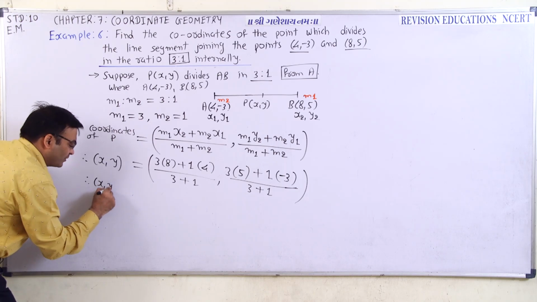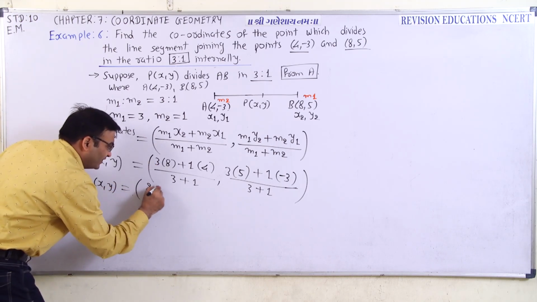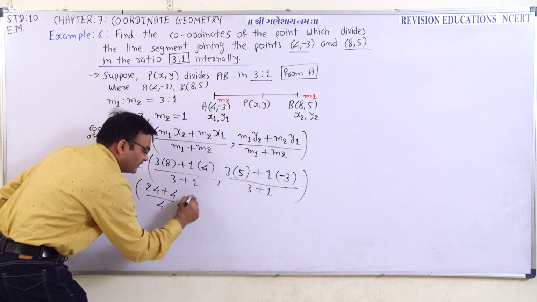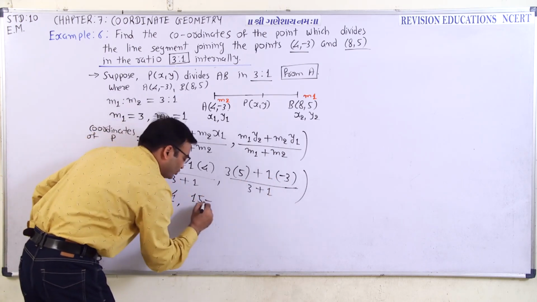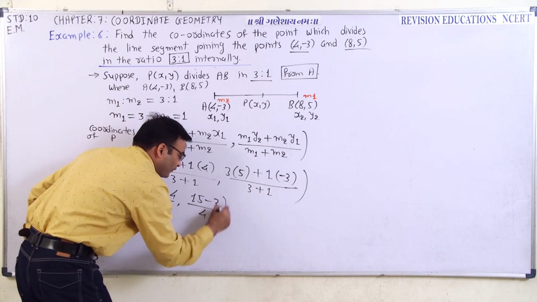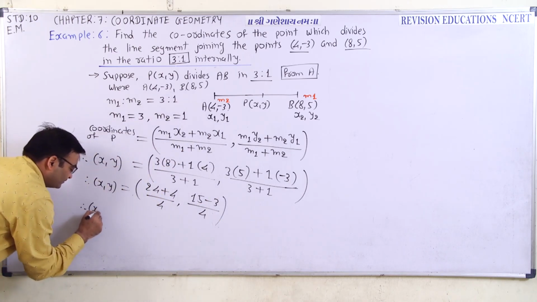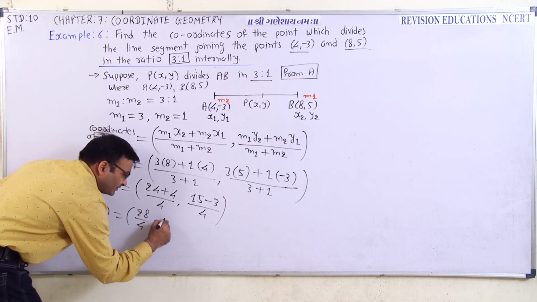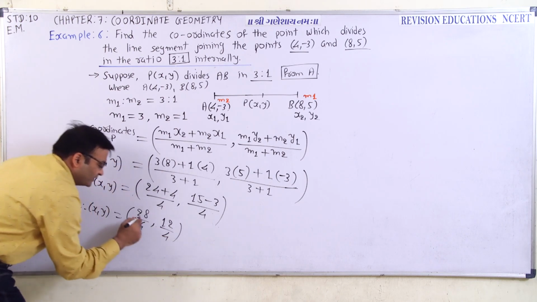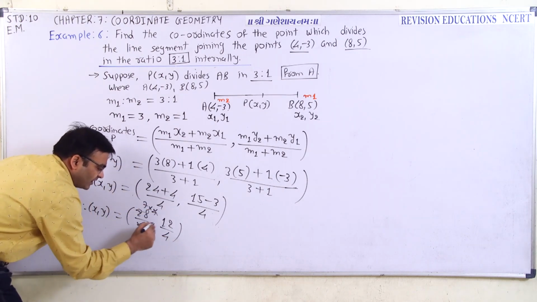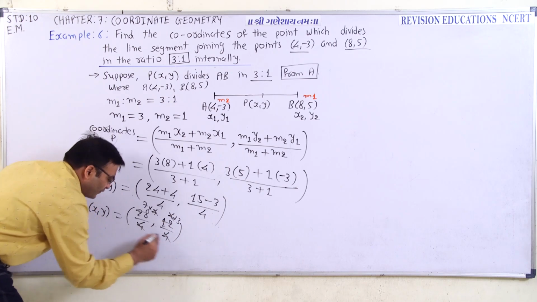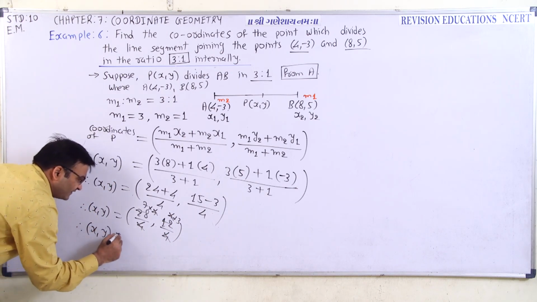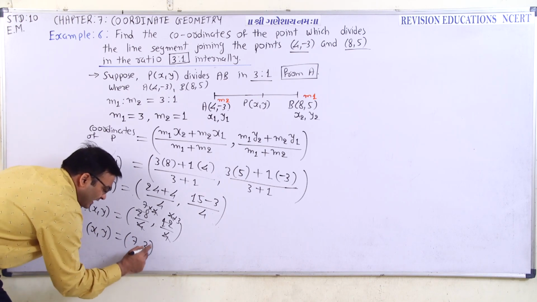Here (x, y): 8 3 ja 24, 4 1 ja 4, 28 upon 4. Similarly, 5 3 ja 15, 3 into -1 is -3, upon 4, so 12 by 4. 7 4 ja 4 4 cut, 4 3 ja 4 4 cut. So we got (x, y) is equal to (7, 3).